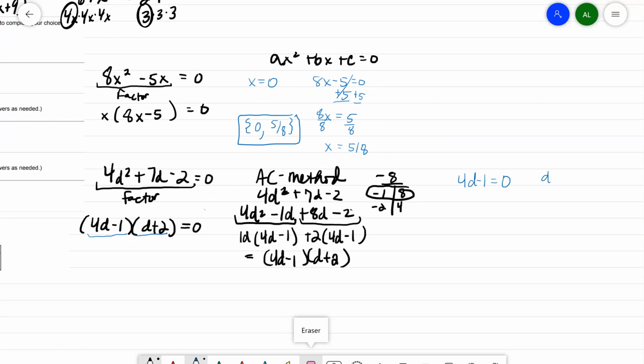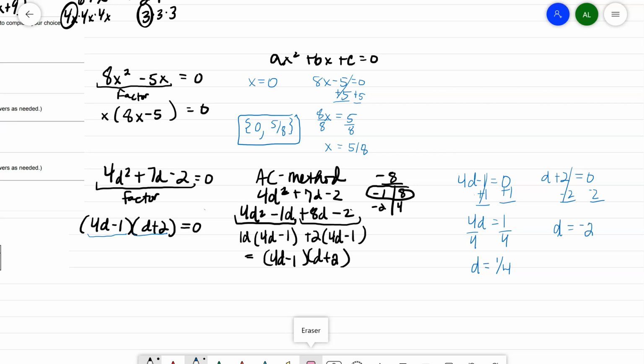The second equation is d plus 2 equals 0. And solve. So I'll add 1 to both sides and divide by 4. And my first solution is 1/4. The second solution is simply found by subtracting 2, and d is -2.